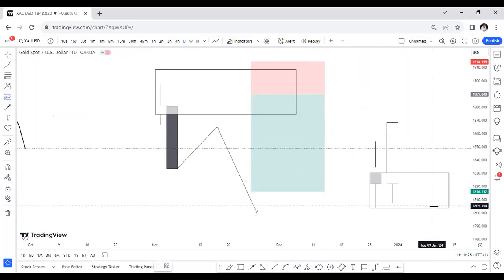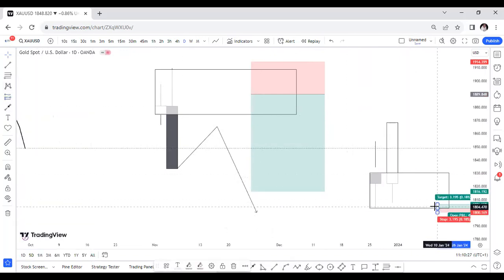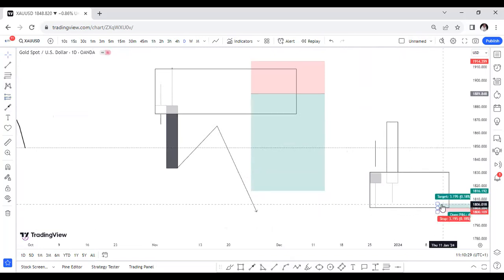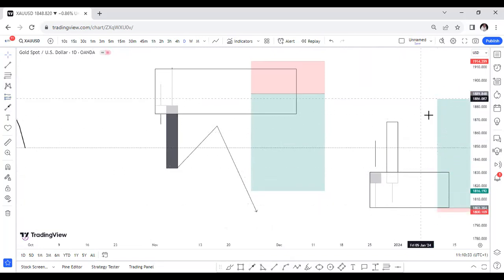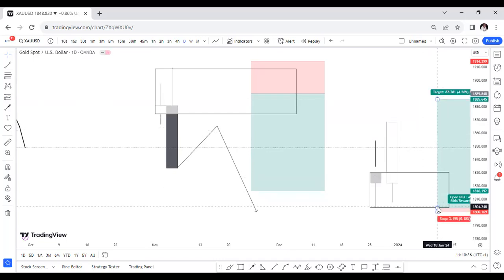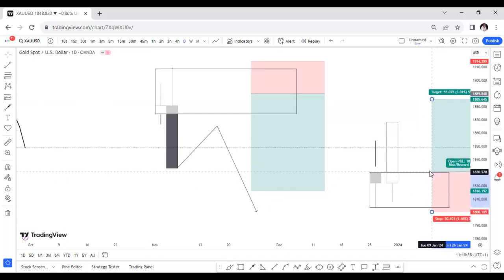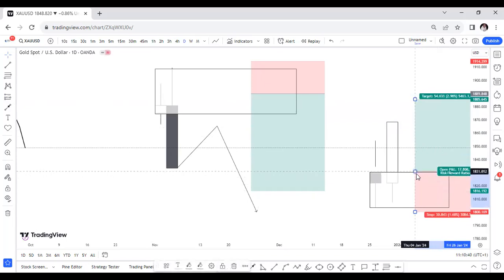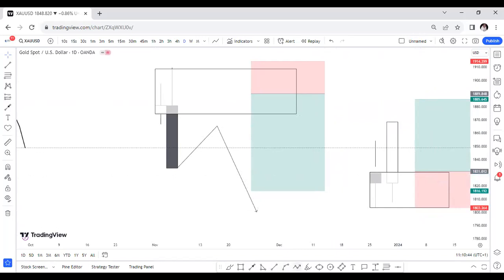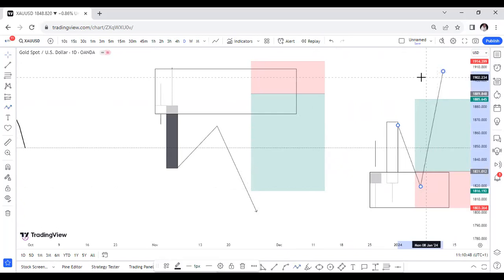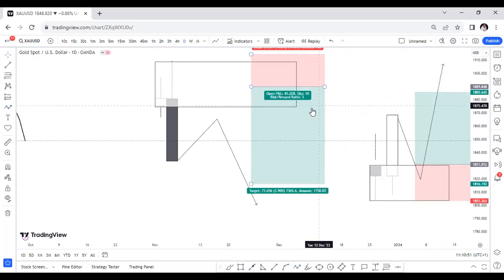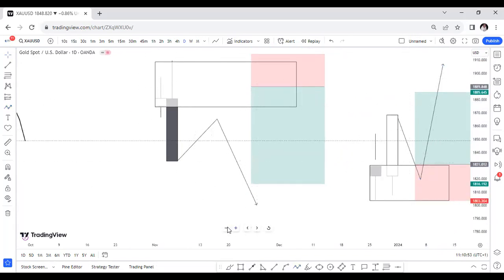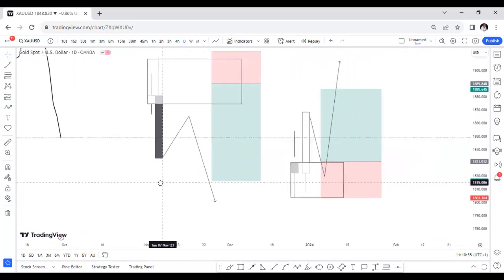You set your stop loss below this zone. Then you target the next high. Your entry will be your buy limit here, and your stop loss is set here. So that when price comes in, taps into that zone, your order is executed and moves higher to fulfill your order.